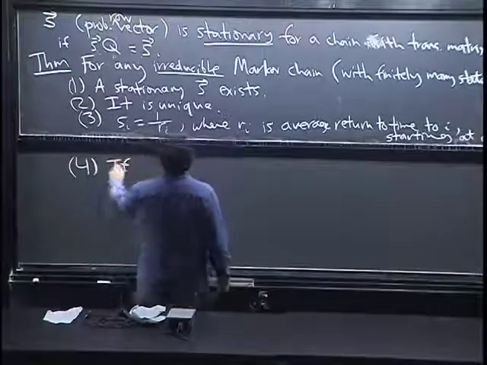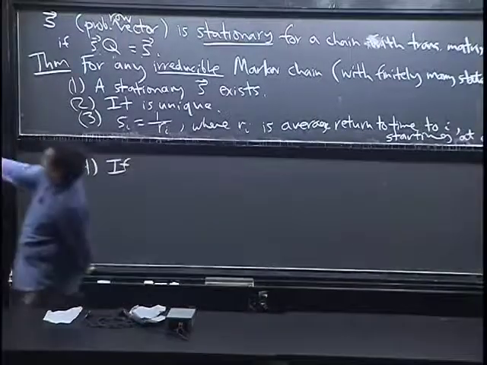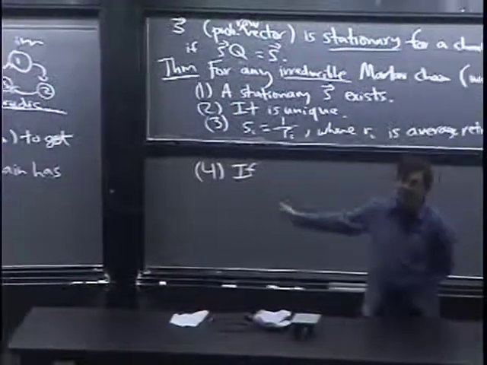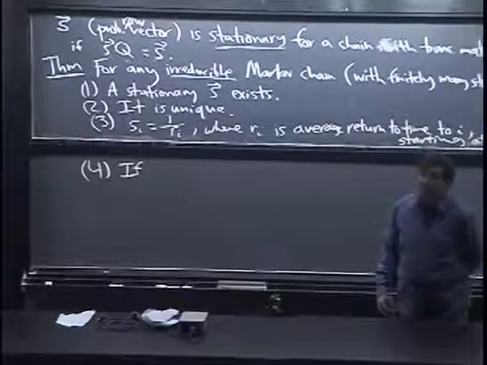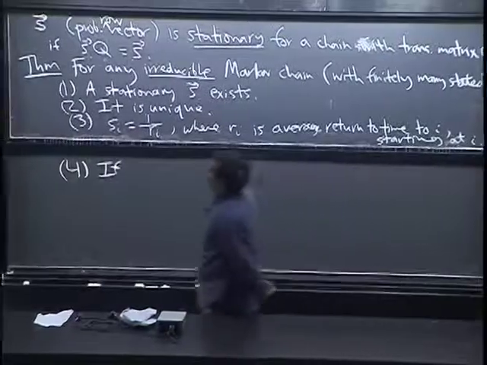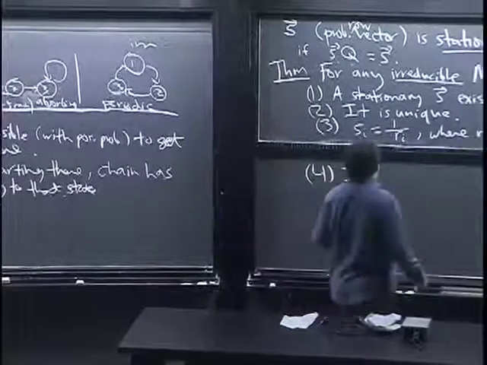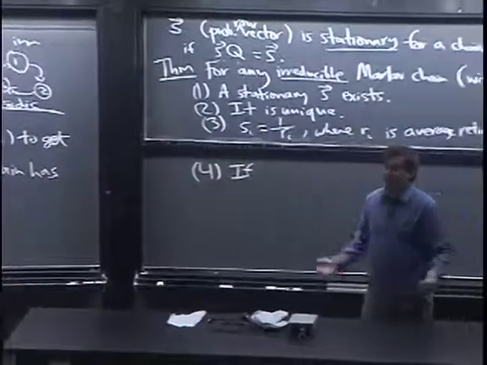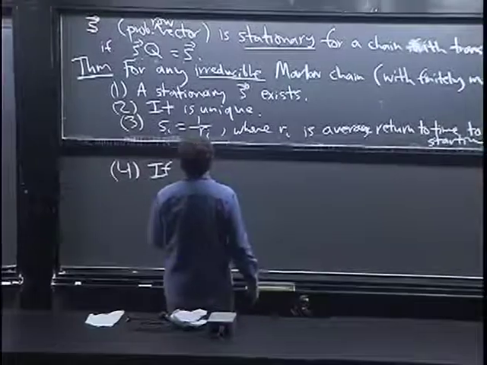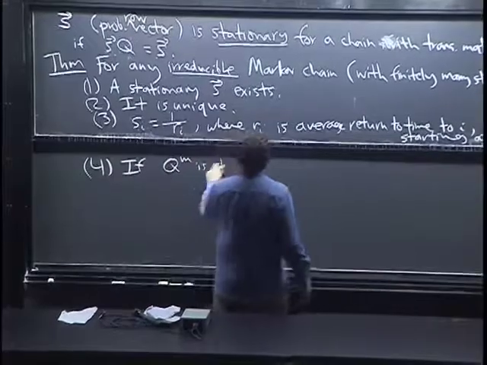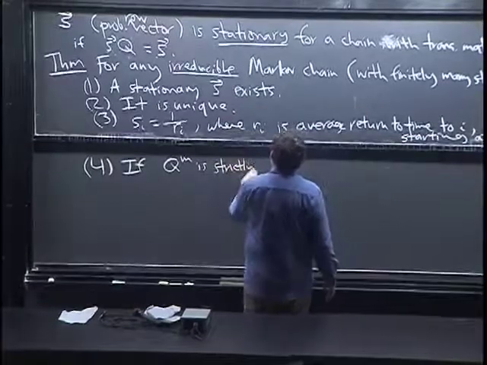if there's no periodicity, what we need to rule out is just this periodic case. These first three things are true even for the periodic case, where we'd only assume irreducible. But if we also assume there's no periodicity problem, and there are different ways to get rid of periodicity, one simple way is to say Q^m is strictly positive for some m.